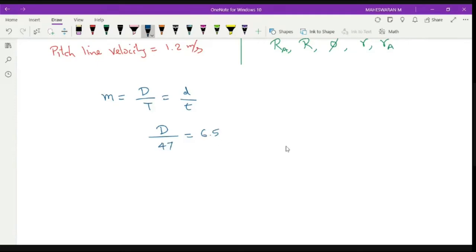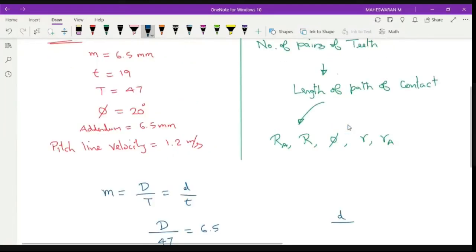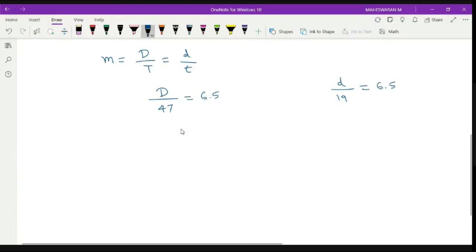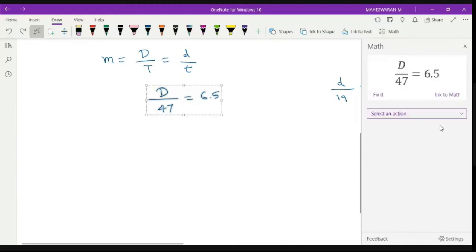The other one is small d divided by small t, which is 19, and this also is equal to 6.5. So what is capital D? Sir, capital D is 305.5 mm and small d is 123.5. Oh, very good.